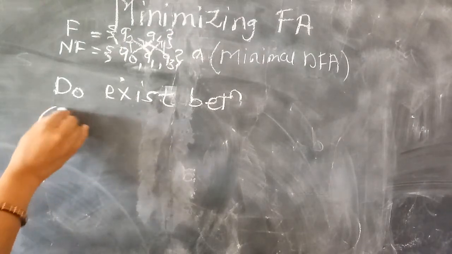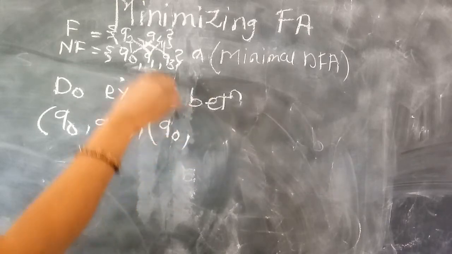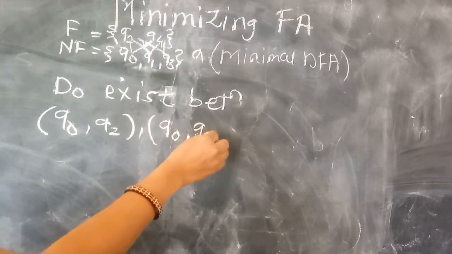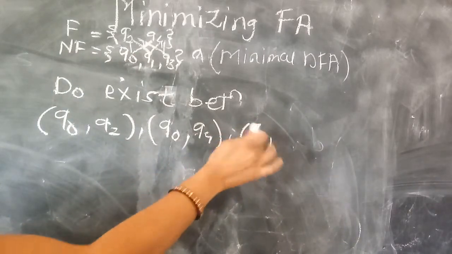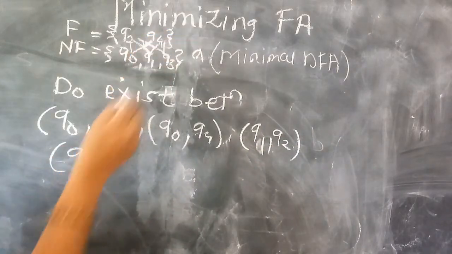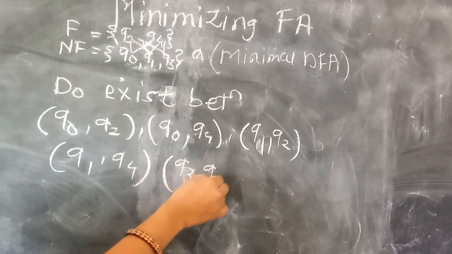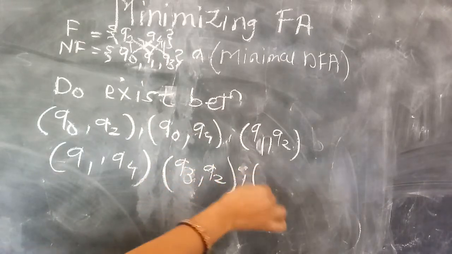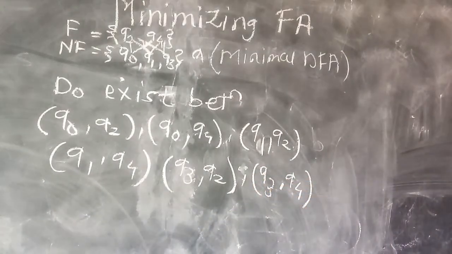So there is a distance d0 between Q0, Q2, then Q0, Q4, again Q1, Q2, again Q1, Q4, and Q3, Q2, again Q3, Q4. So these are the first distances, that is the distance 0 exists between these states.